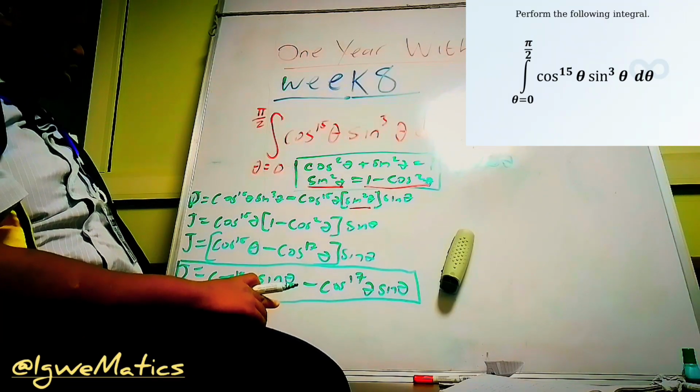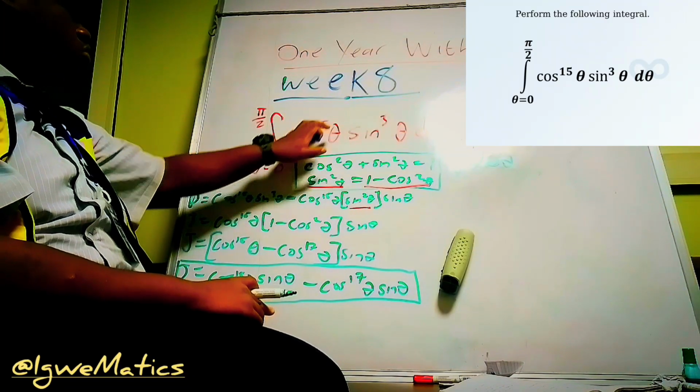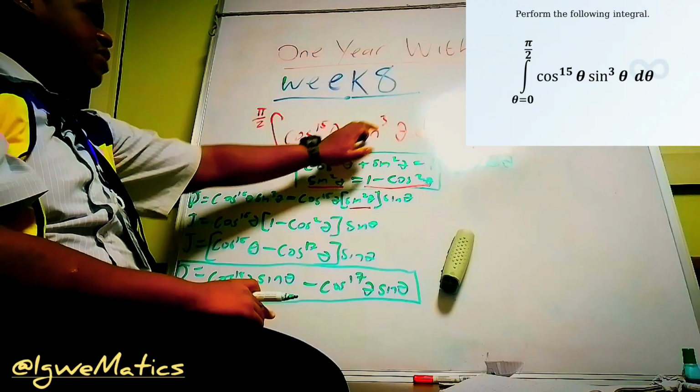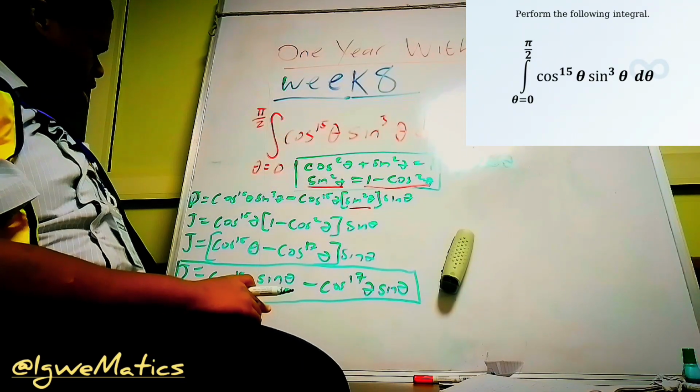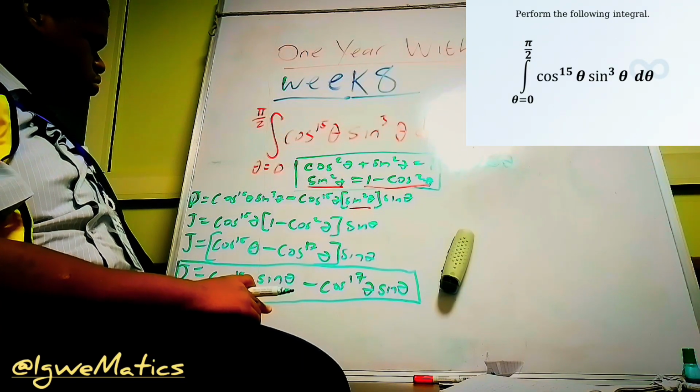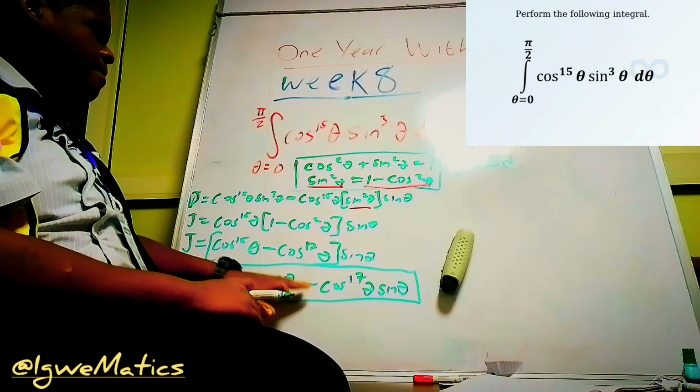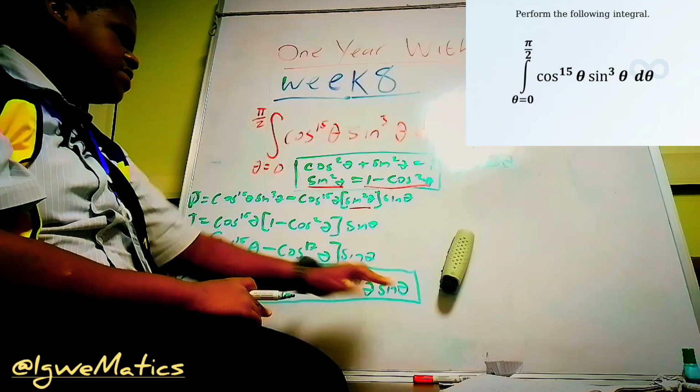Now that we know what J is, remember J was equal to cos to the power of 15 theta times sine to the power of 3 theta, and now I find that J is also equal to cos to the power of 15 theta sine theta minus cos to the power of 17 theta sine theta.